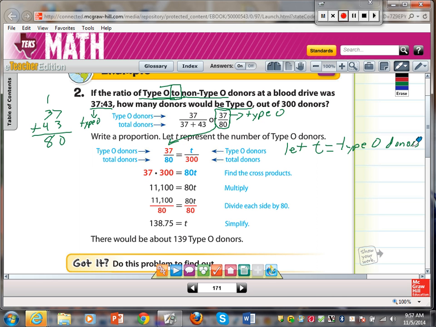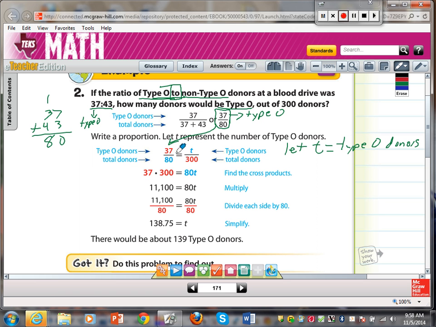Okay? So then, if 37 out of 80 are type O, then how many type O's is going to be out of 300? Okay? So remember, since we put the type O's on top and the total number of donors on the bottom, then it has to be the type O over the total number of donors here.